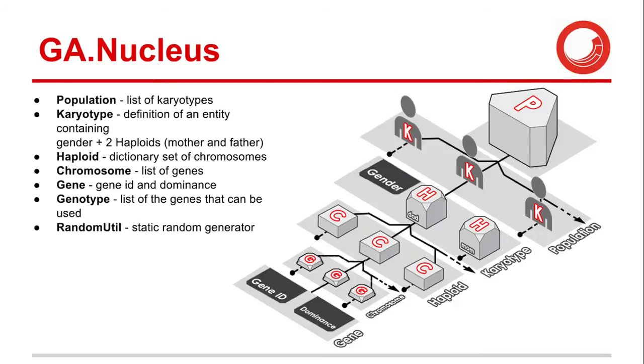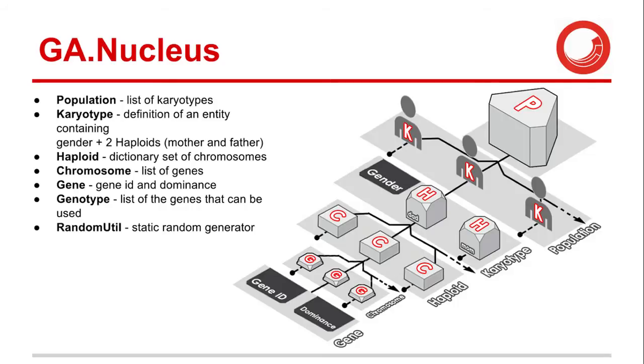A haploid is a set of chromosomes. The human genome has 23, I don't know whatever other animals have, but you have 2 sets of them. One is from your father, one is from your mother. And you create a phenotype to display, kind of like a combination of the 2.